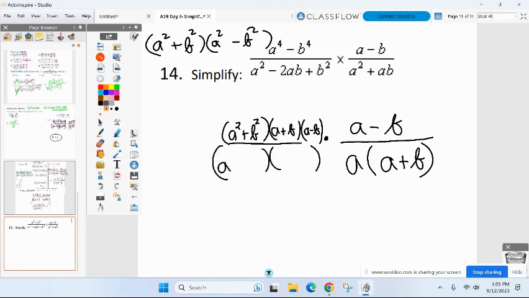I got A and A. Can you give me those numbers that multiply to +1 but add to -2? But what's still missing? The B's. And we got to put those with the numbers.